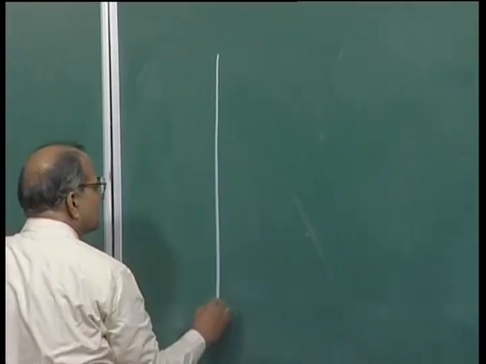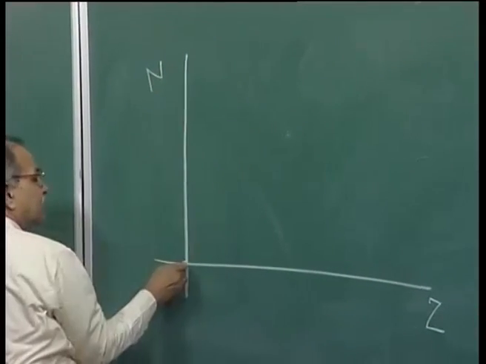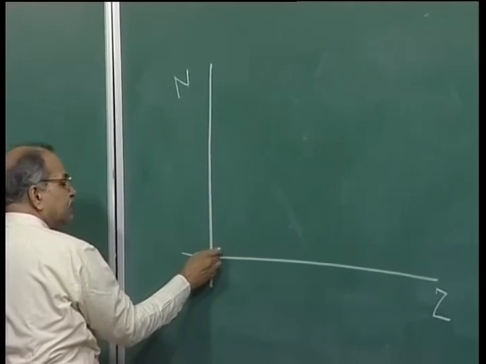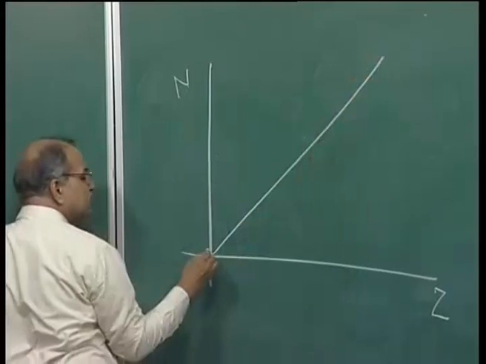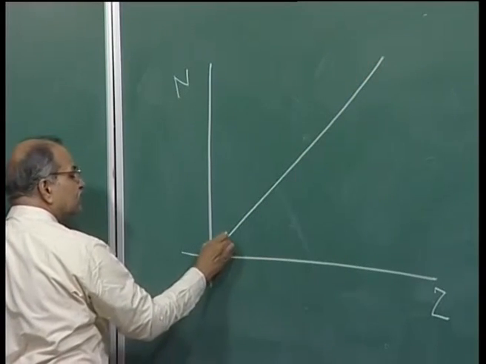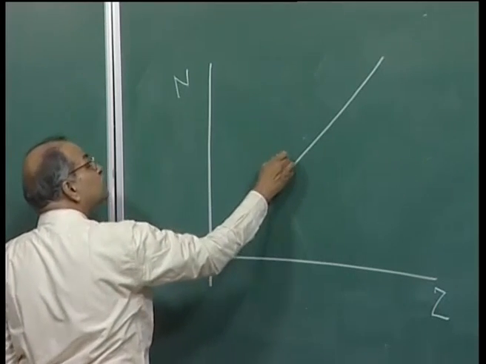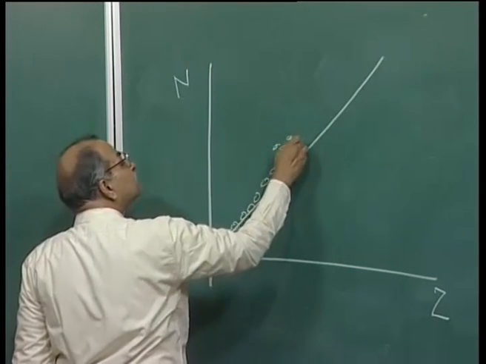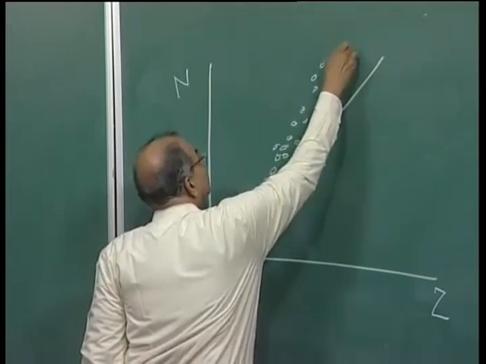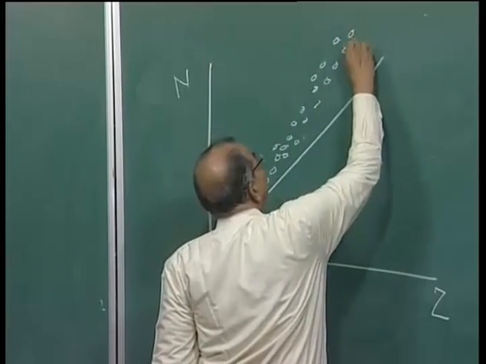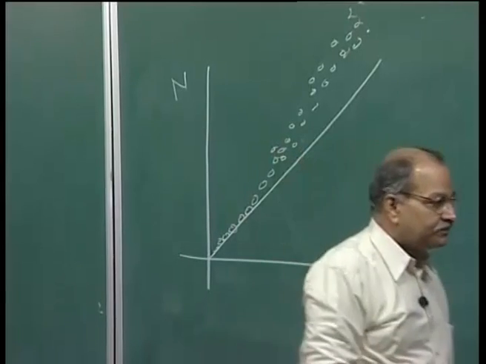If you have Z on this side and N on this side, and this is the line bisecting the x axis and y axis, 45 degrees. So, what happens? You have stable nuclei distributed somewhere like this. Something of this sort. Okay.